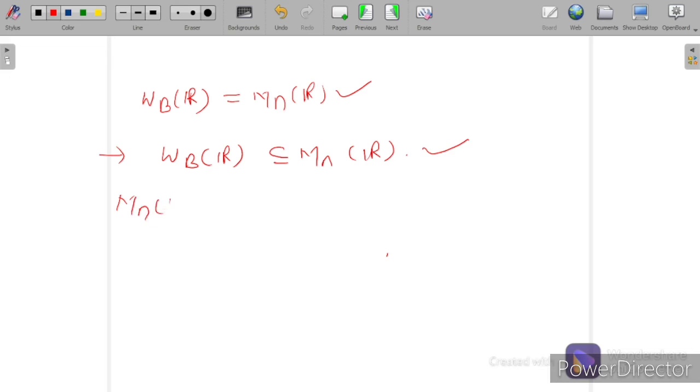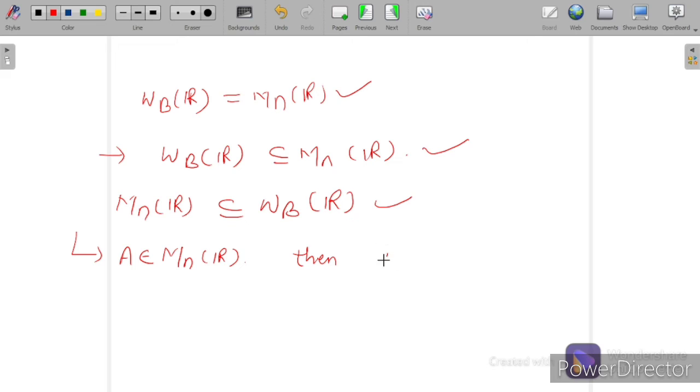We need to show that M_n(R) is contained in W_B(R). So let's take a matrix A belonging to M_n(R). Then B A B transpose is also a matrix in M_n(R) for some orthogonal matrix B.